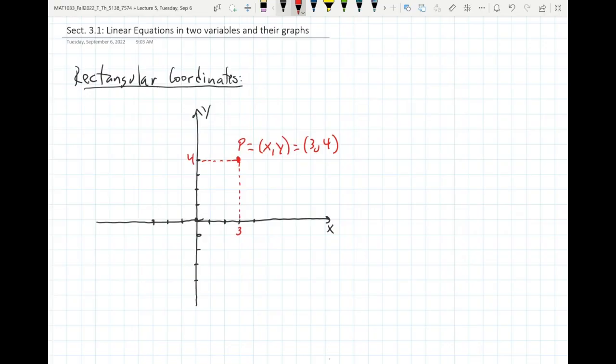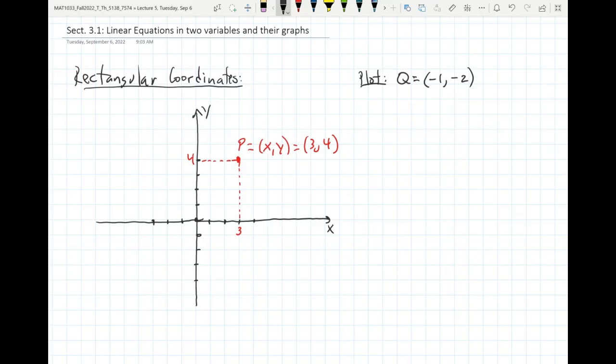Okay? So, for example, the point, let's call it Q, and let's say that Q is the point (-1, -2). So what is that point? Well, this point right here is (0, 0), right? Because this is 0 for x and this is 0 for y.